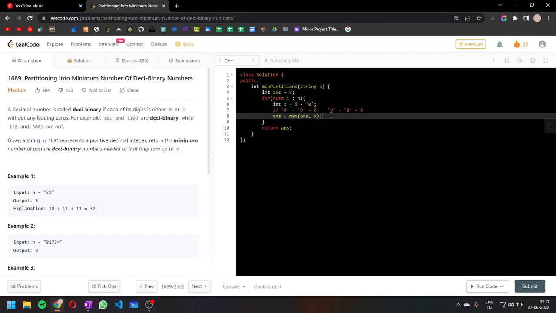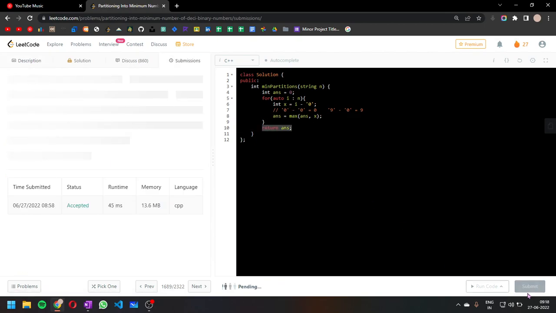This converts 9 into its ASCII value, converts 0 into its ASCII value, and subtracts them. If you look at the ASCII table, the difference between the character 9 and the character 0 is 9. That's why I am doing this, and this gives me the integer x, the value of the character. Then I am storing the maximum of those, and at the end I am just returning it.